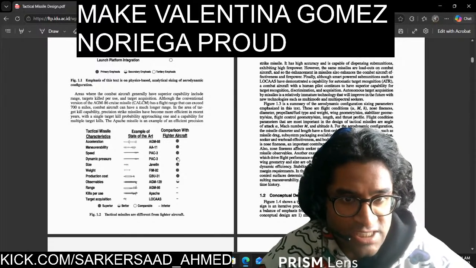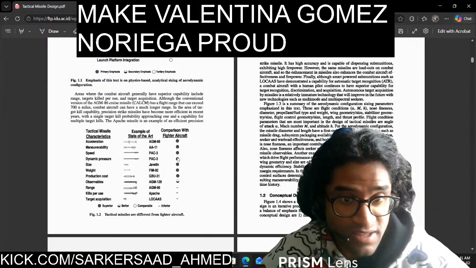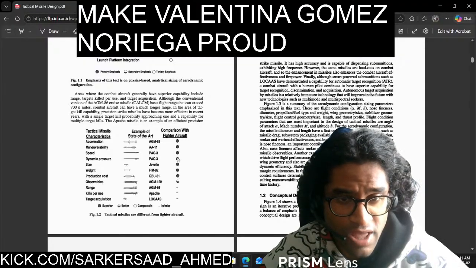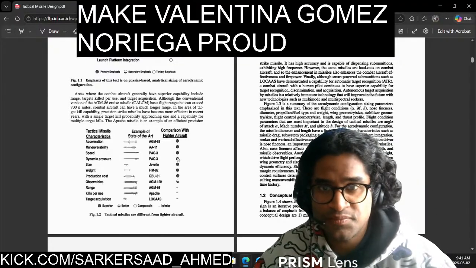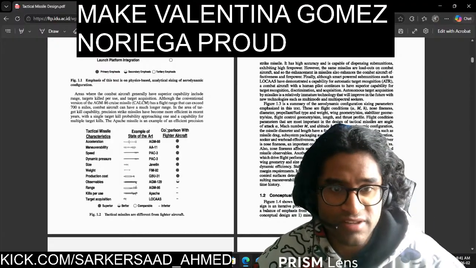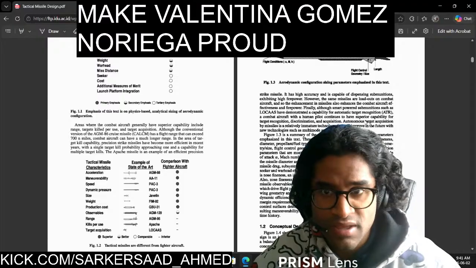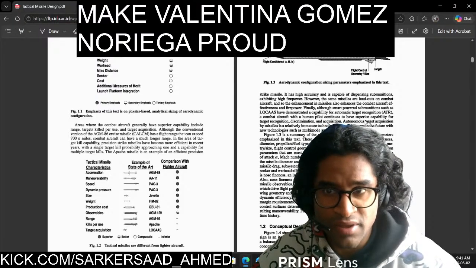Range, AGM-96. Kills per use, Apache, that's inferior. Target acquisition, LOCUST, that's also inferior. So the Apache missile is an example of an efficient precision strike missile. It has high accuracy, capable of dispensing submunitions.